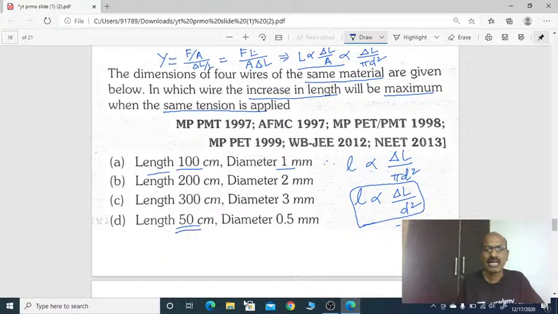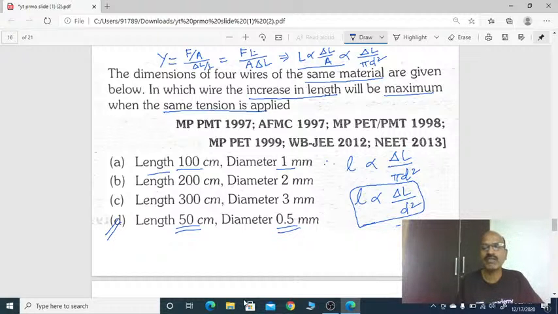Fourth option, length 50 centimeter and diameter is 0.5. So option D is correct. Change in length is proportional to L by d square. Option D is the correct one.